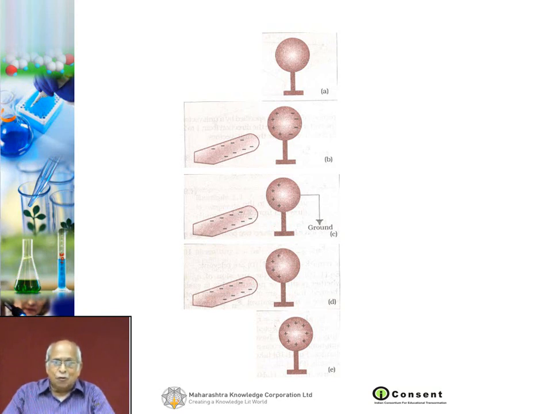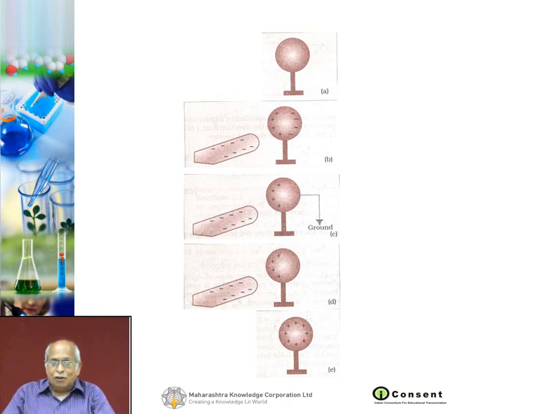So to make a ground connection, a wire can be joined between opposite surface of metal sphere and some water pipe, gas pipe, etc., which is well buried in the earth somewhere. What happens due to this?